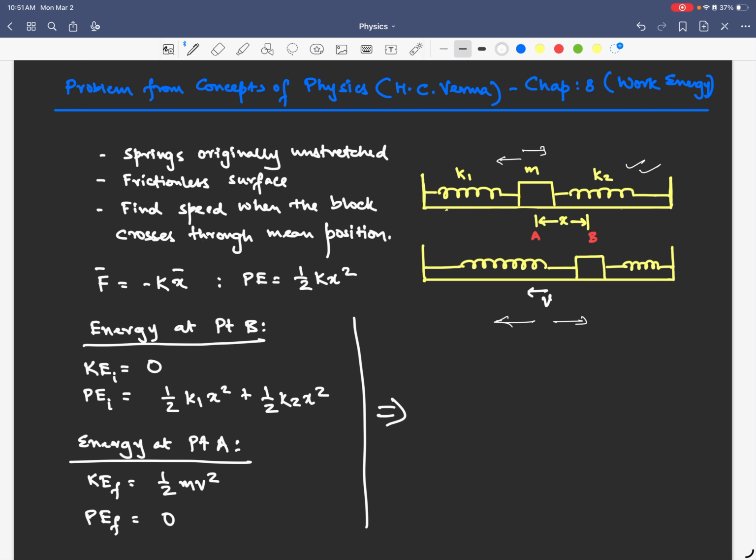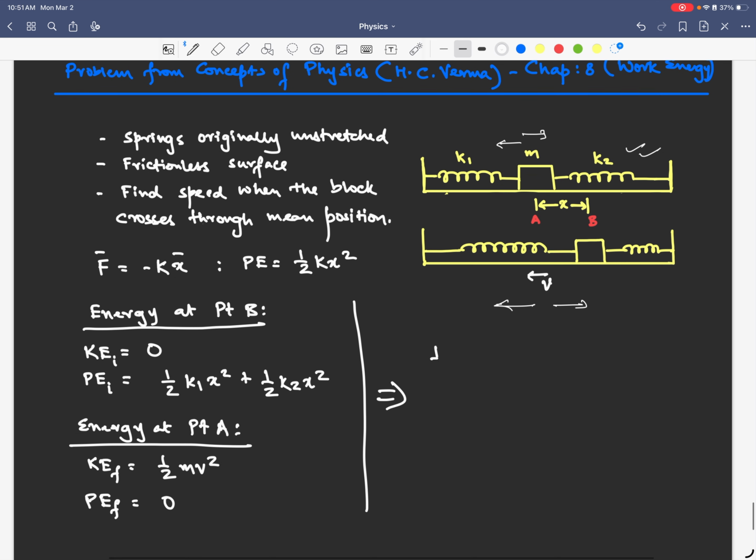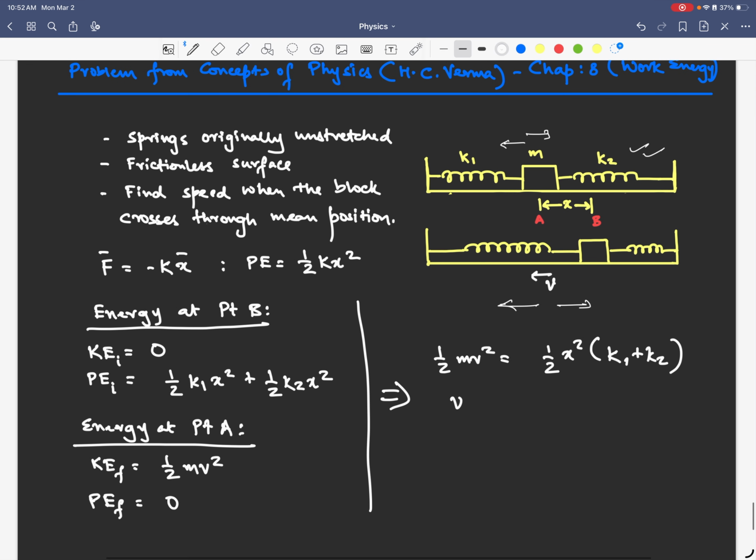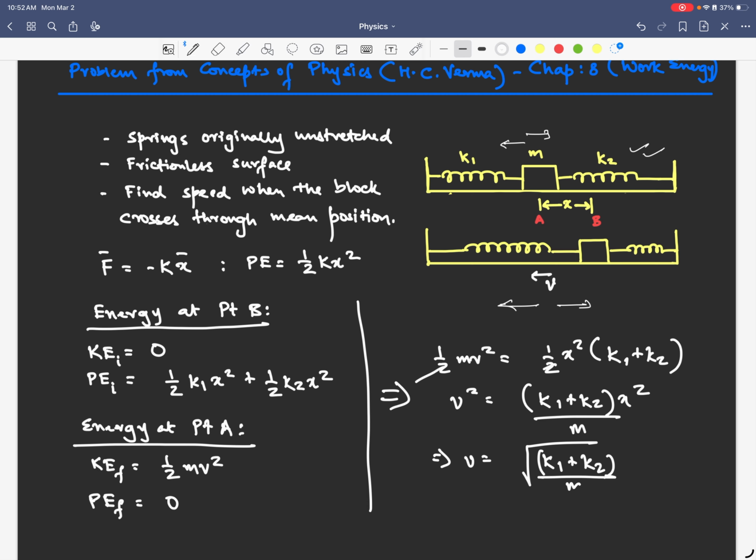Now what we can say, with the conservation of energy, is that at point B and point A, total energies should match, which means that half m v square should be equal to half x square times (k1 plus k2), which just implies that v square is equal to (k1 plus k2) times x square, canceling out the 2, divided by m. That implies that the speed of the body is root over (k1 plus k2) divided by m, this whole thing multiplied by x.